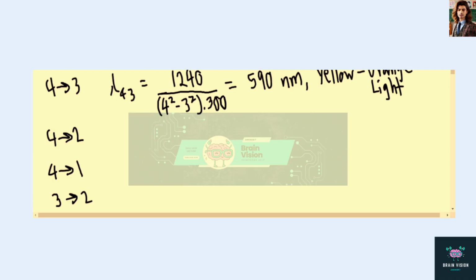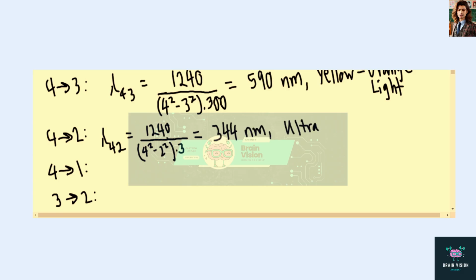So we come to the next transition, and the wavelength for the transition from the fourth state to the second state is 1240 over 4 squared minus 2 squared times 0.3. And you have 344 nanometers, which is ultraviolet, particularly in the UVA band. There's a particular band of UV known as UVA.